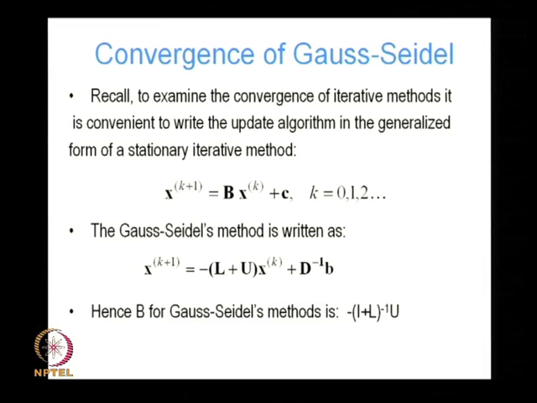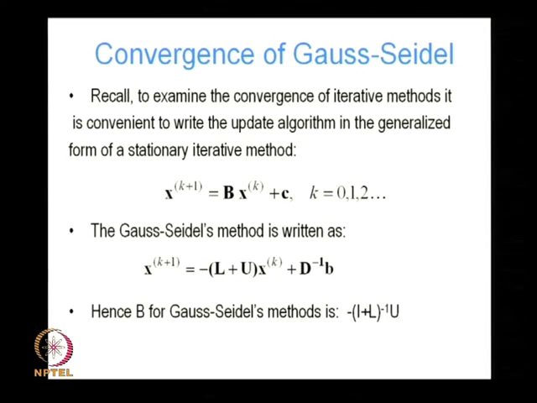We continue this iteration for k equal to 0, 1, 2 and so on until we reach convergence, when x^(k+1) is equal to x^k within a certain tolerance, and both of them are close to the true solution within certain error norms.